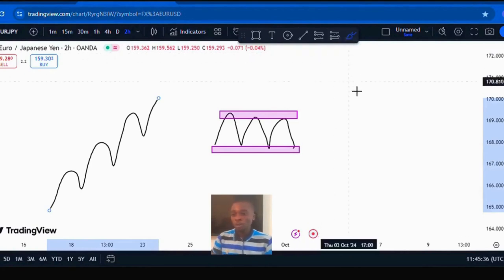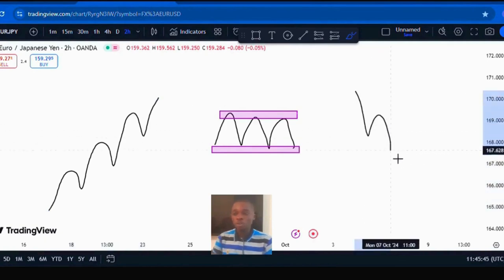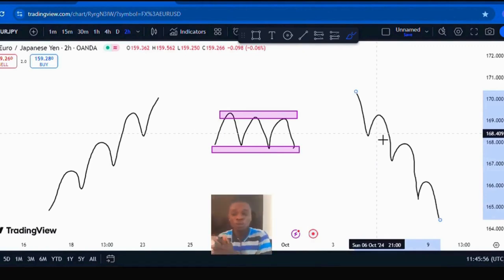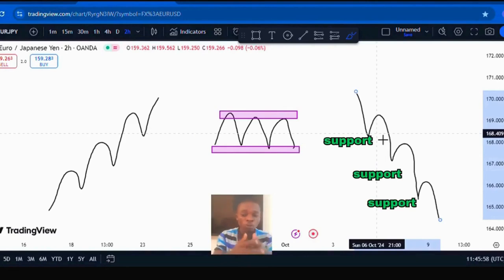Now let me show you the one where the sellers, which is the resistance, is stronger than the support. Now just watch. You can see that the market is just downtrending like this. I didn't draw it that perfectly. Now at this point the resistance is stronger than the support. You can see that price keeps breaking the support level.